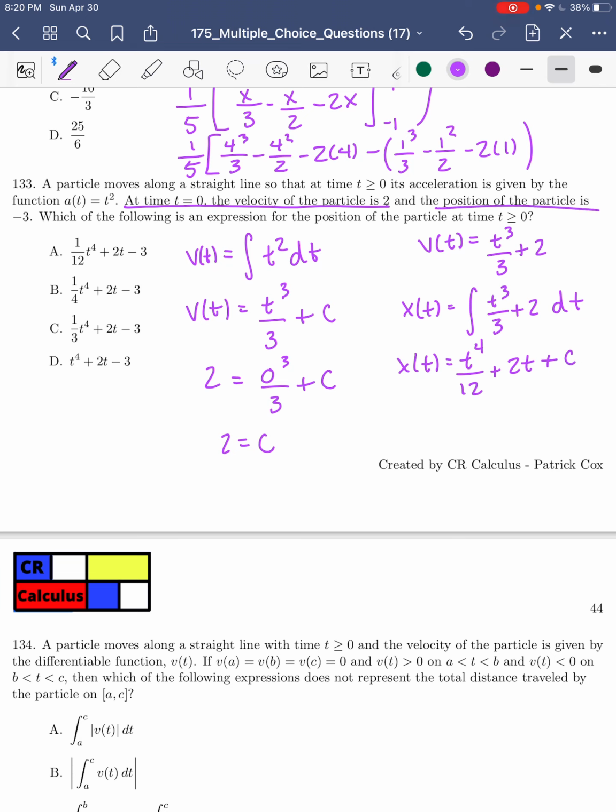And they tell us the position is -3 at 0. So -3 equals 0 plus 0 plus c. So basically c is -3. So our position has to be t to the 4th over 12 plus 2t minus 3, which gives us A.